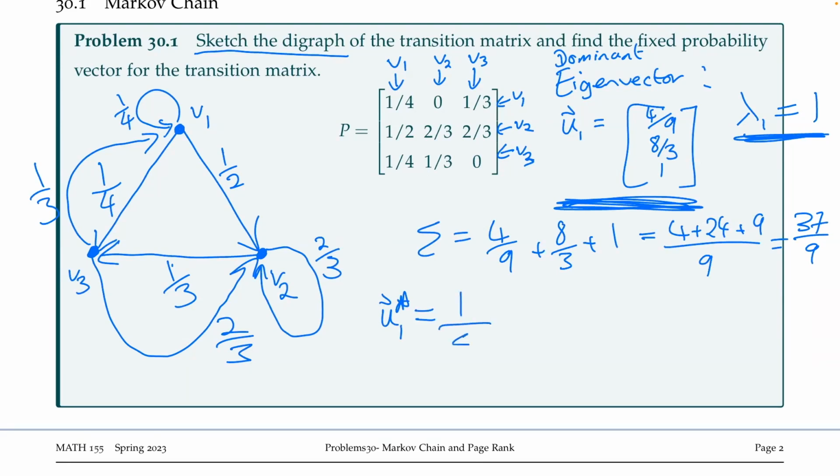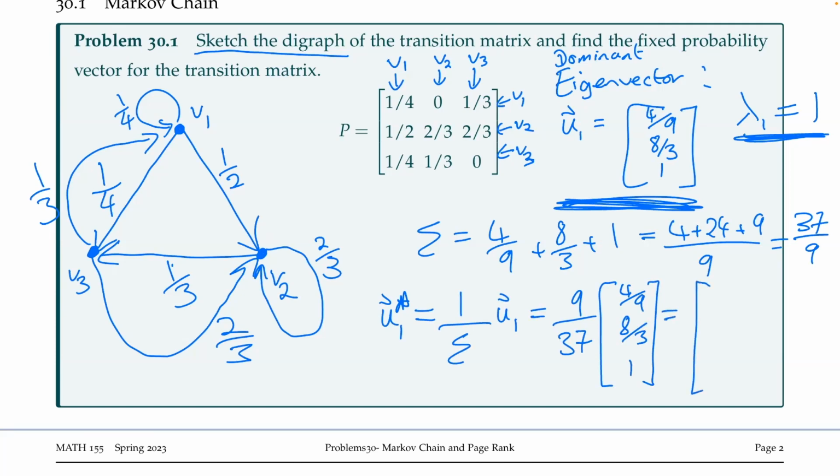So we're doing 1 over the sum of U1, which is going to be 9/37 times 4/9, 8/3, and 1, which ends up being 4/37, 24/37, and 9/37. Or if you plug these into a calculator, 0.11, 0.65, and 0.24 roughly.